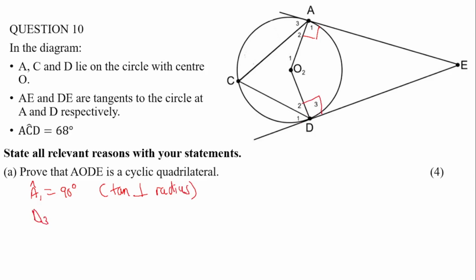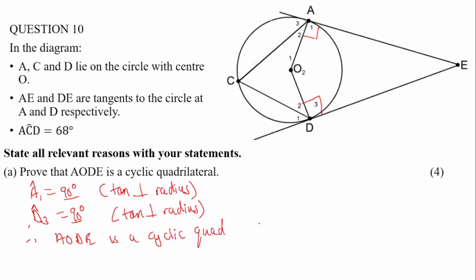Angle D3 is equal to 90 degrees, again tangent perpendicular to radius. Okay, and then these two angles are supplementary, therefore AODE is a cyclic quad. And then the reason you say opposite angles supplementary.